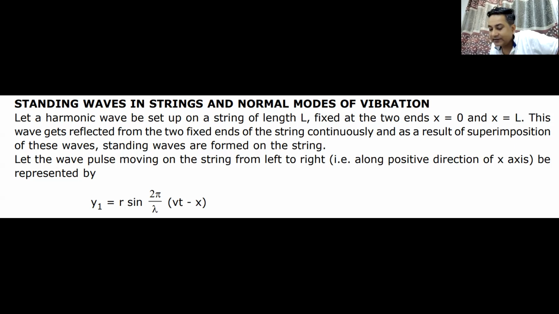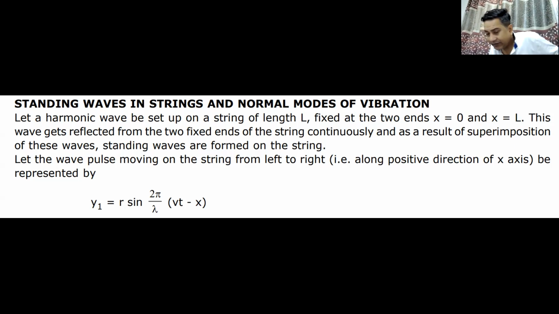Do we understand this? They must have same omega, same frequency, they must be traveling in the opposite direction, and they must have a phase difference of how much? 180 degrees. That means if one wave has got a crest, the other wave must get a trough. Do we understand this? Yes or no?